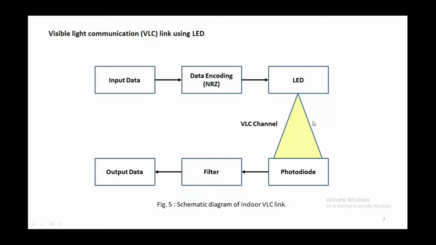This is nothing but a room environment, room temperature, and simple atmospheric air channel. This signal is received by a photodiode, and the output of the photodiode passes through a simple analog filter, and that analog filter generates the output data.